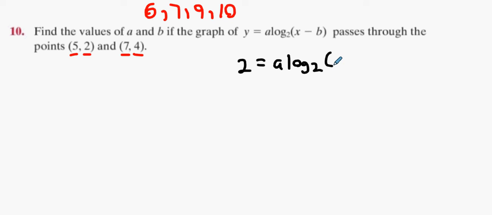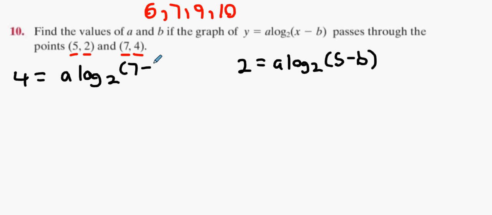What's the x value? 5 minus b. What about the next one? 4 equals a log 2, 7 take away b.